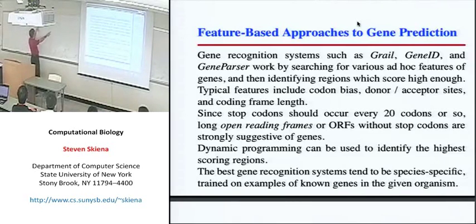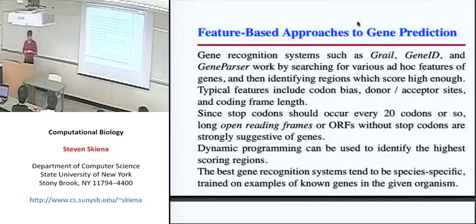So if we see what we call a long open reading frame, a long spot on the genome where there is no stop triple, that probably did not happen by chance. And it is probably the result of evolution, so some form of selection, and it probably represents a gene. Does that make sense? Any questions about that?